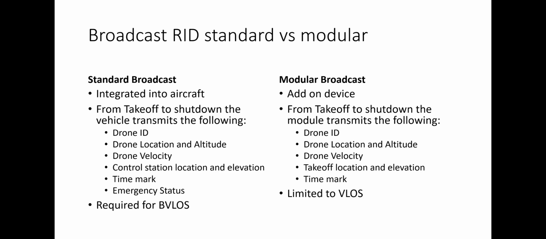And then if you have a modular broadcast device, this is like an add-on device that sticks onto your drone, kind of like you might put an AirTag or a Tile on something you don't want to lose. From takeoff to shutdown, you have to transmit the information enumerated, and this will be limited to visual line of sight operations only.